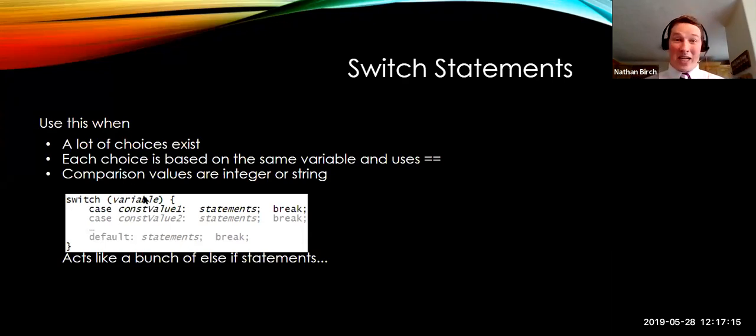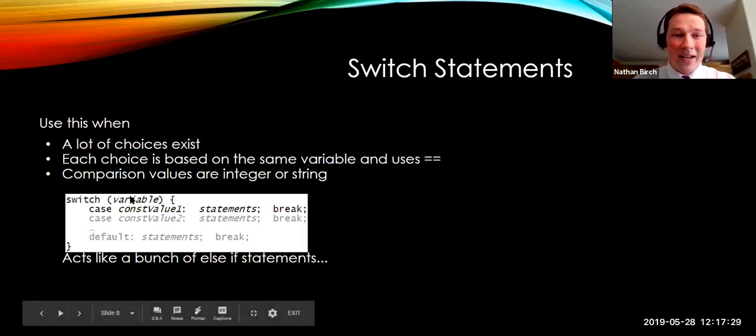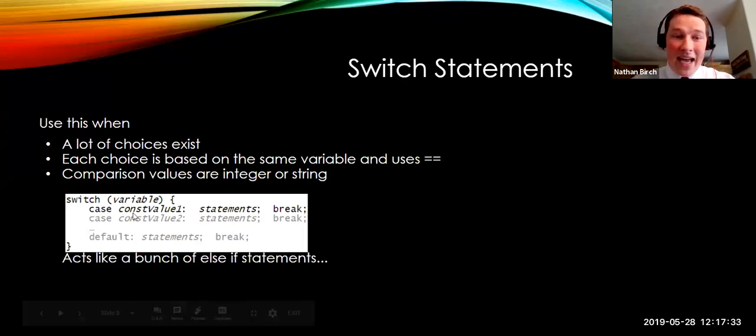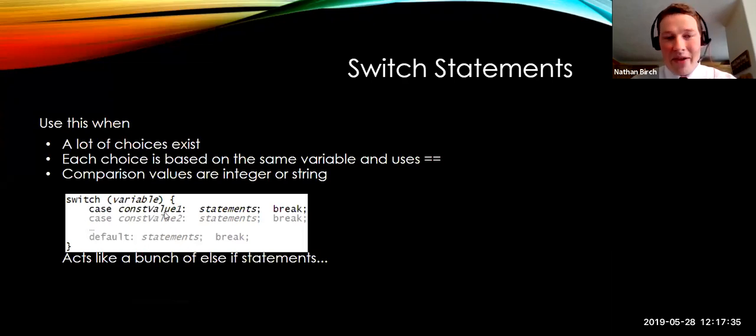Okay, so we talked about the getting to church on time thing. In that case, every single time I had a condition, I was talking about the variable time. If time is less than 9, that was the variable we were dealing with. So in here I could have that variable time, and then I could say case, and then I could have a value, like 9 o'clock, or less than 9 o'clock.